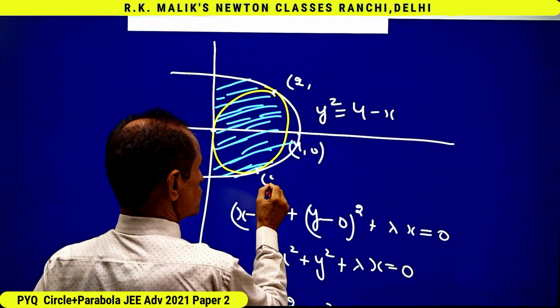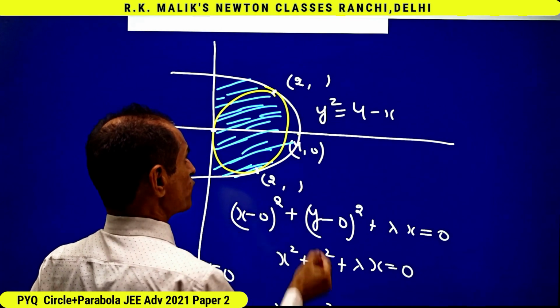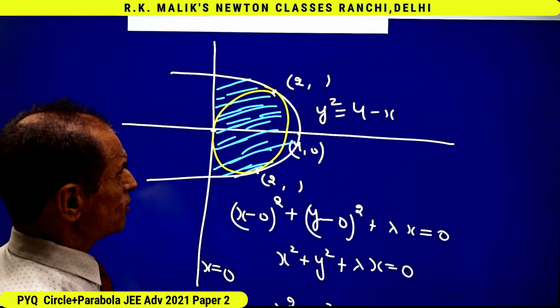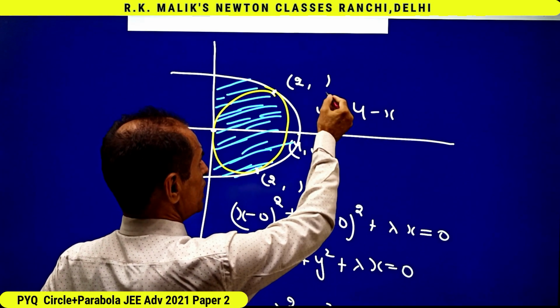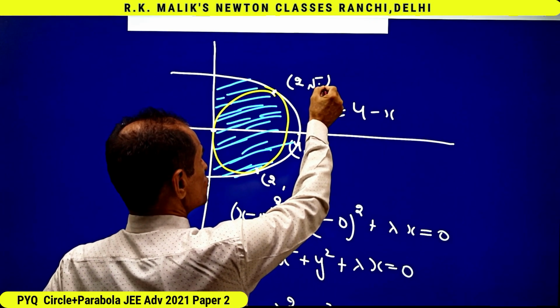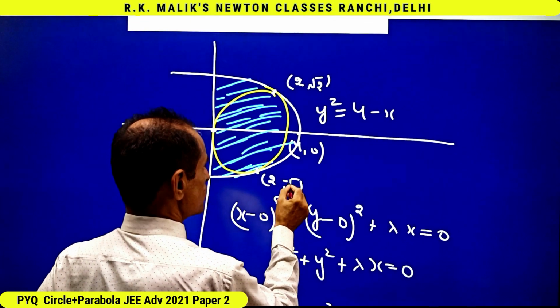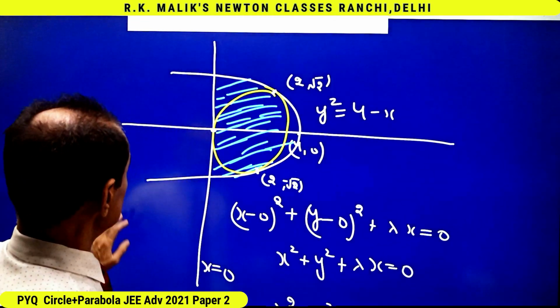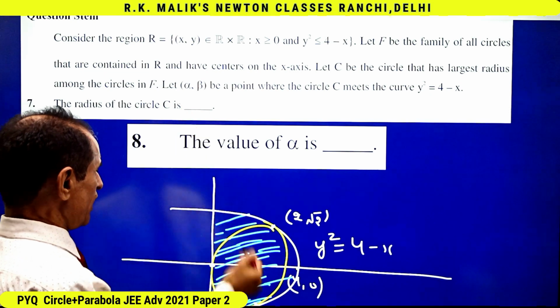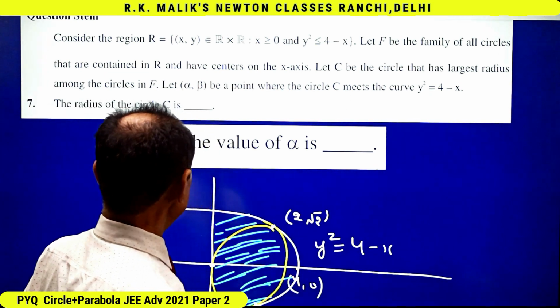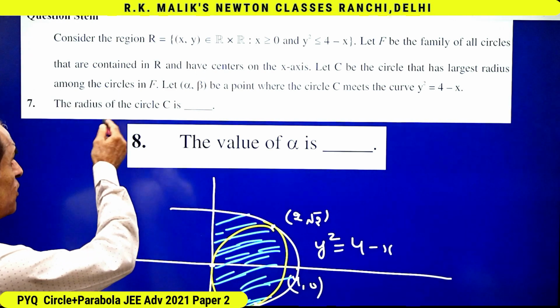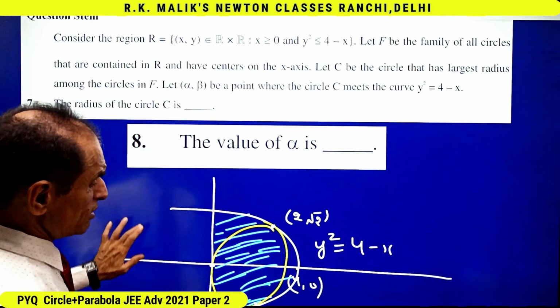(2, y), and the y coordinate we can find very easily by putting x equal to 2; the values of y I get are root 2 and minus root 2. But we require the value of alpha only, hence alpha will be 2, and the radius of the circle is also required.